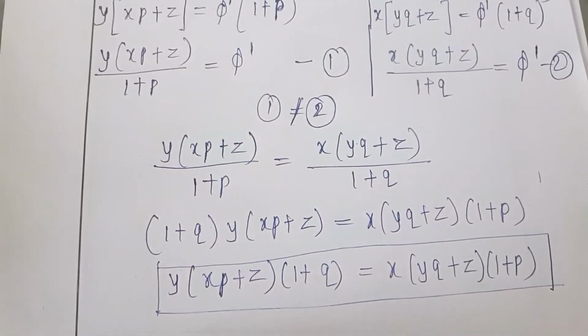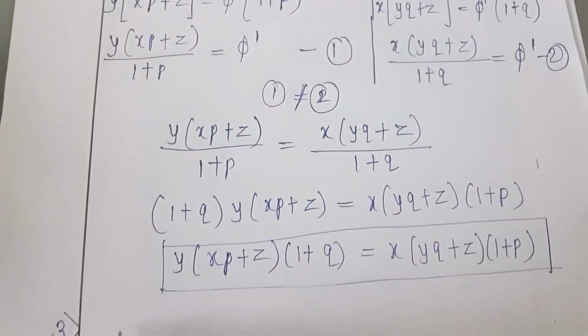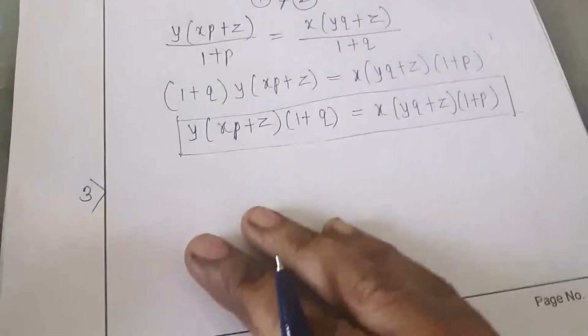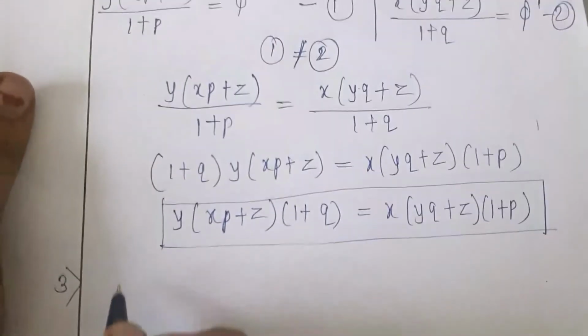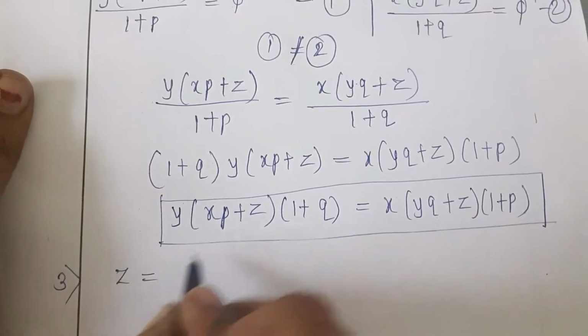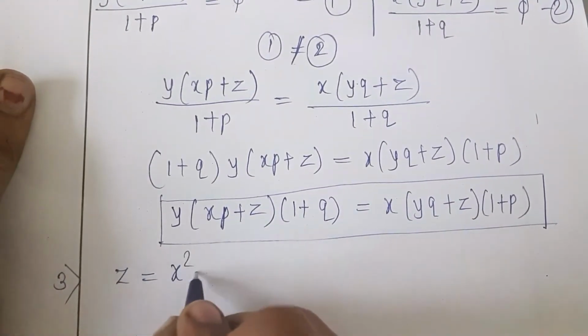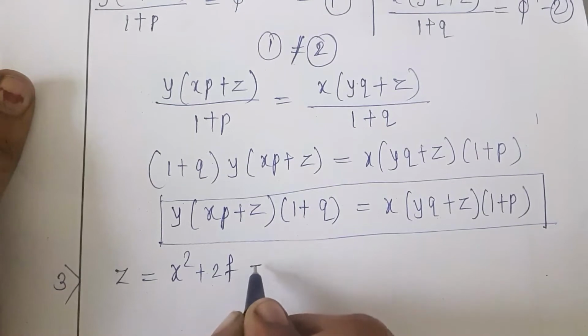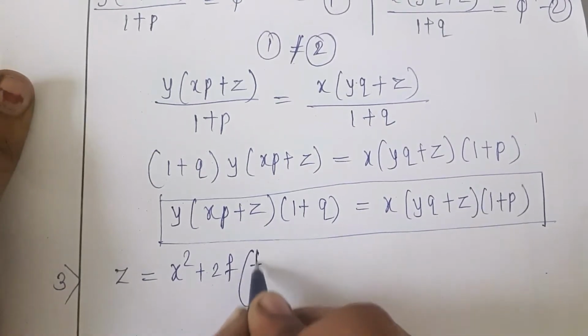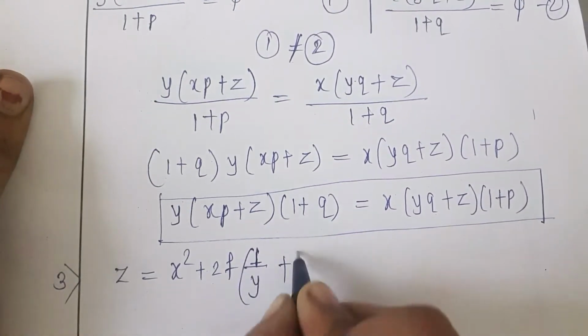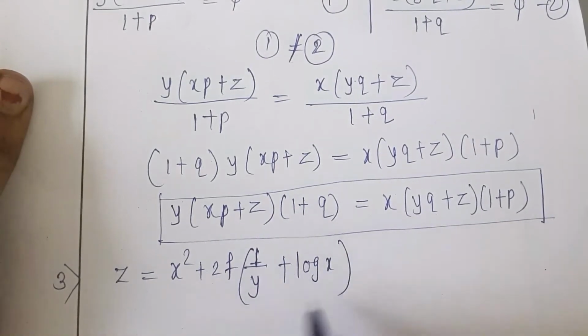Next, the third question is z is equal to x square plus 2f of (1 by y plus log of x).